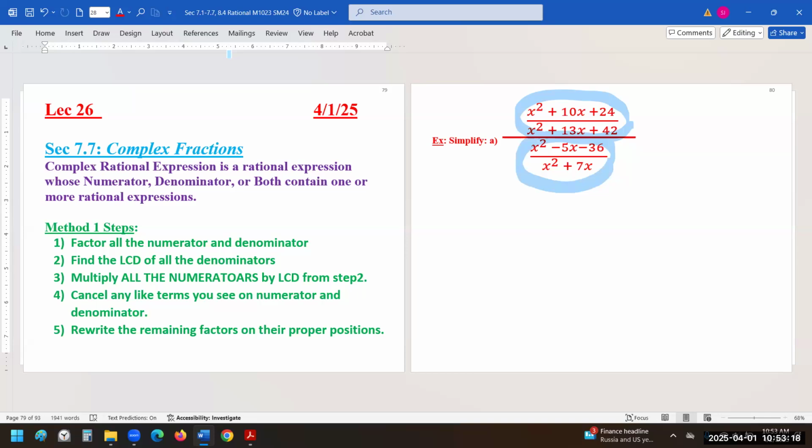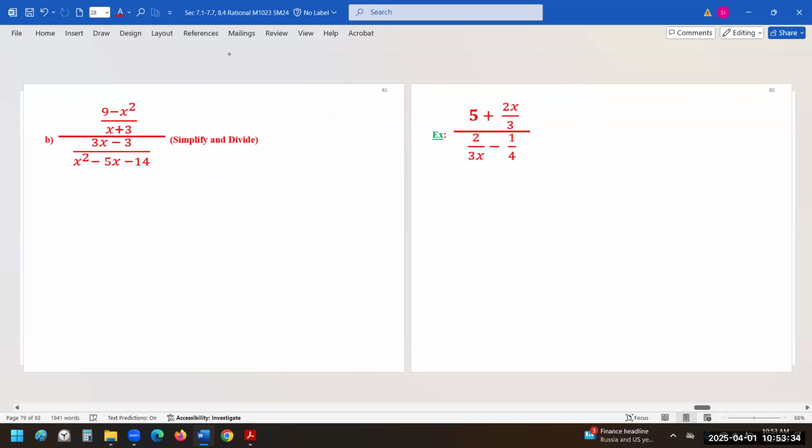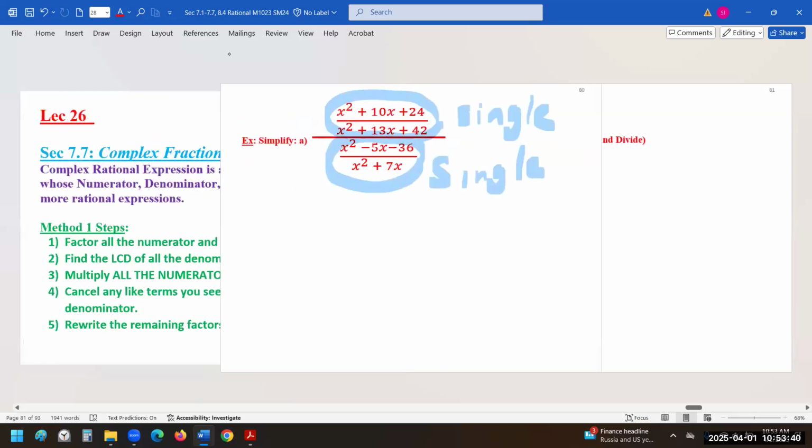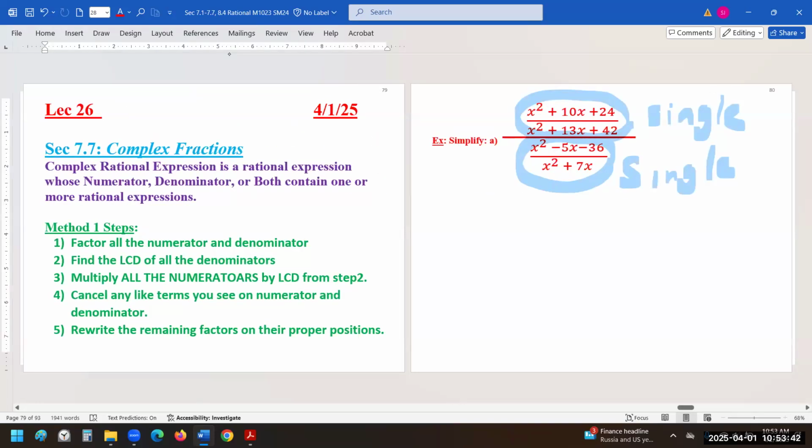So a single fraction on the top divided by a single fraction on the bottom. This is scenario 1. Then we have a second scenario where we don't have a single fraction. We have multiple fractions divided by multiple fractions. Depending on what type of complex you have, you can choose different methods.